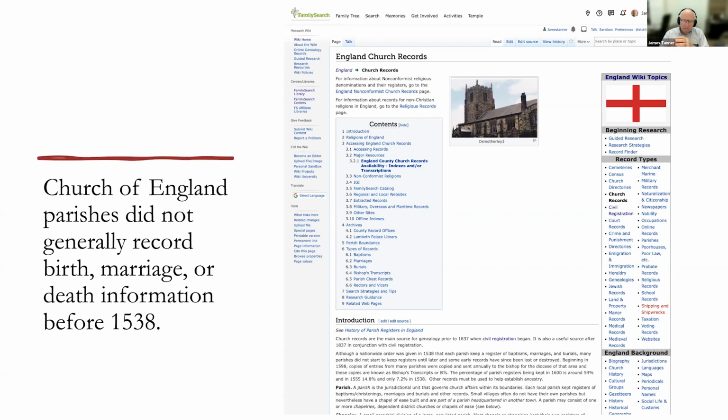That was when King Henry VIII broke from the Catholic Church and established the Church of England, and ordered the parish priests to begin recording information about their christenings and their burials and their marriages.